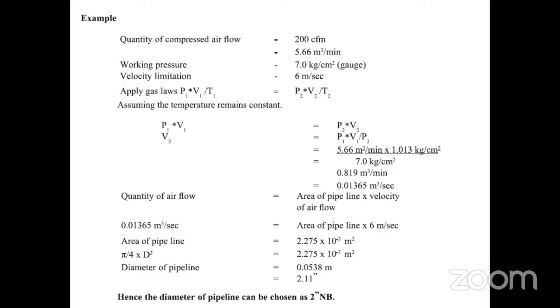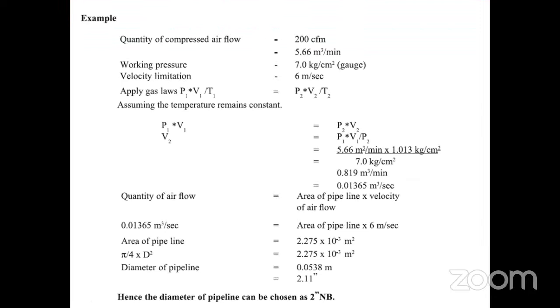From the quantity in cubic meters per second, we get the area of the pipeline, and we get the diameter, right, sir? Ultimately, we are finding the diameter of the pipeline.